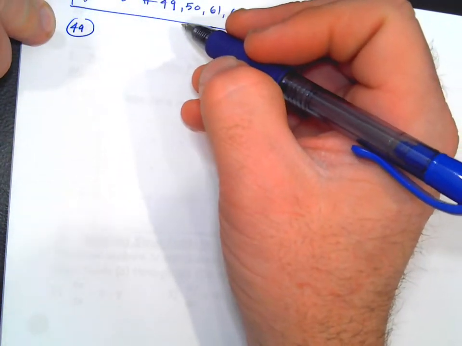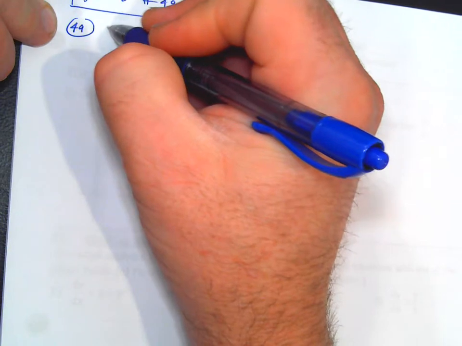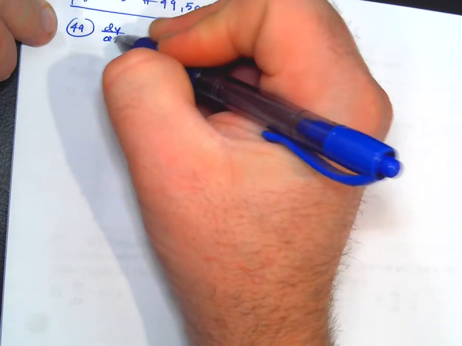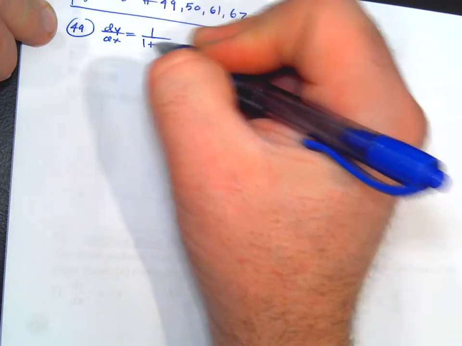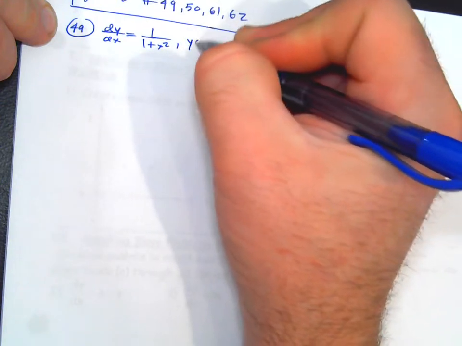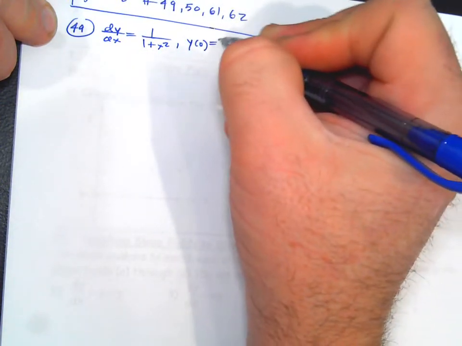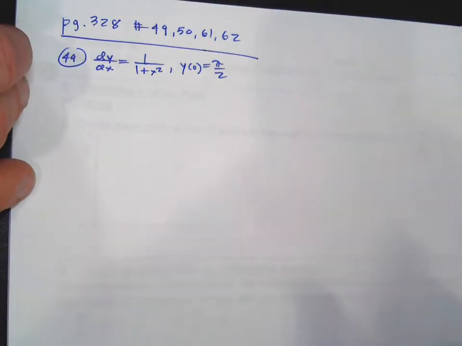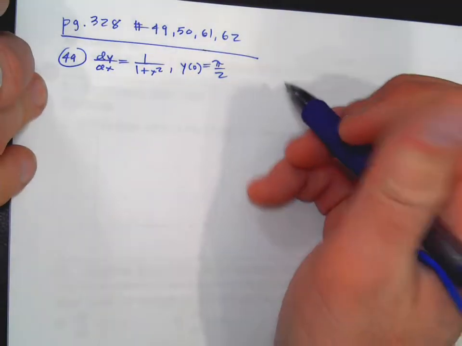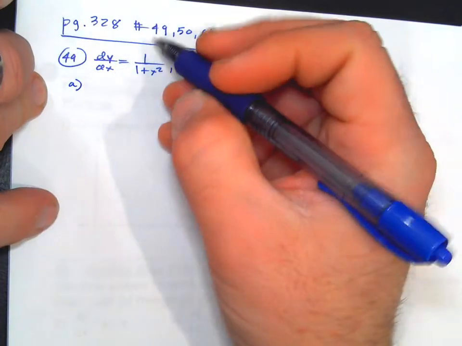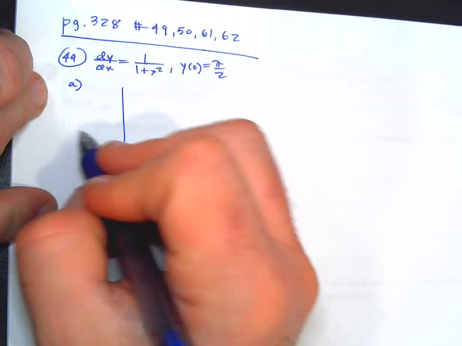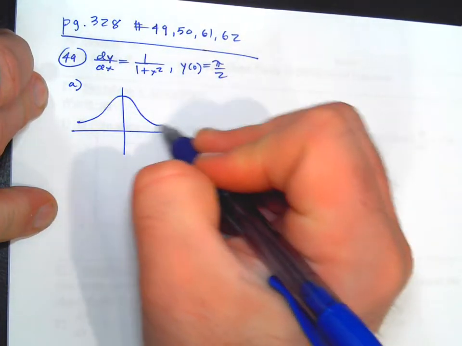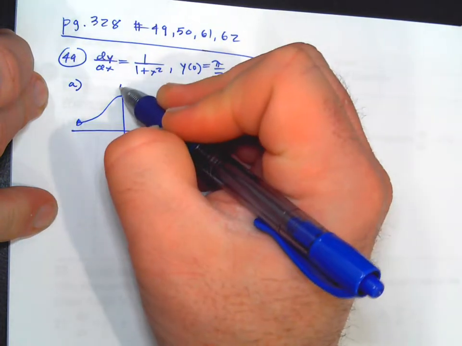49, I'm going to draw a picture. 49, they give you dy dx equals 1 over 1 plus x squared, and y(0) equals pi over 2. So this is a differential equation with initial condition. We could potentially solve for it, but this is multiple choice, so let's see if we can take advantage of some things. So they gave us some graphs here. I'm just going to sketch these real quick.